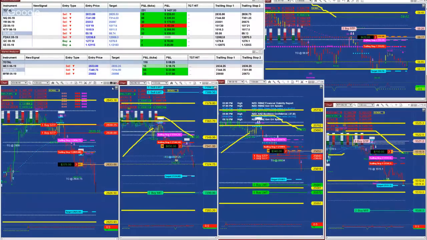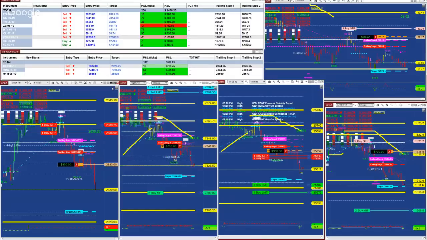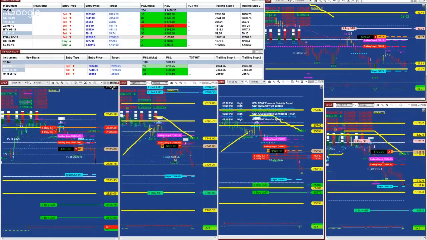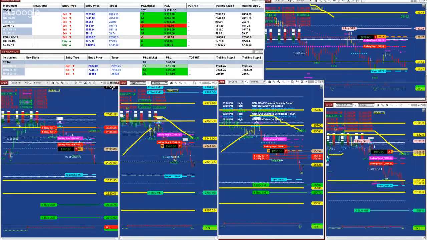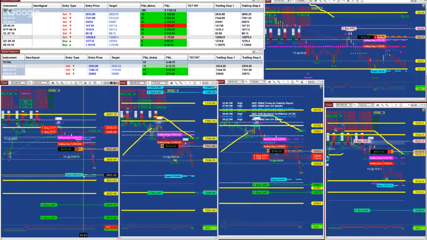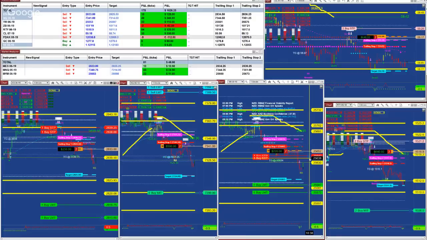I cannot follow everything. So now we are going straight to this target, folks, and it is 28, 25, 50 final destination on your ES, your NASDAQ 731475.